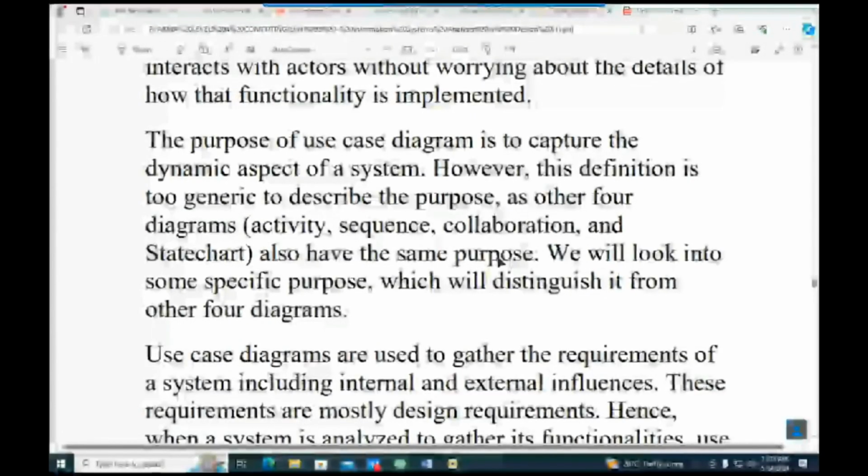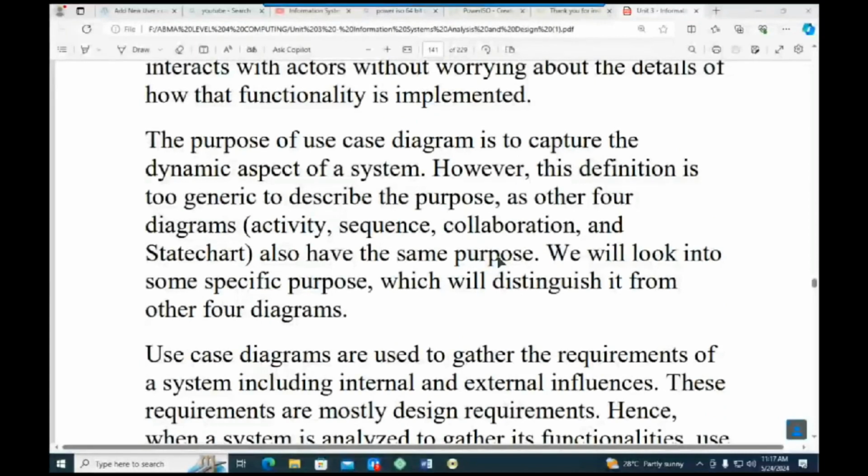Now, what is the main purpose of use case diagrams? The main purpose of use case diagrams is to make sure that we are capturing the dynamic aspect of the system. We are going to use them to define the purpose of the system.